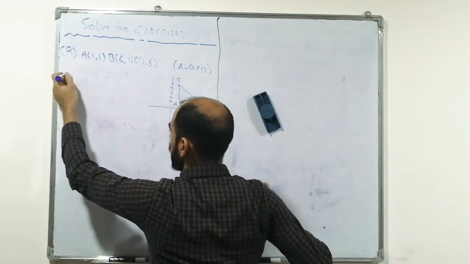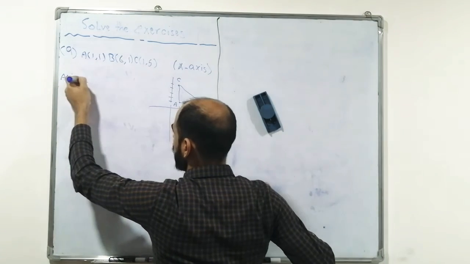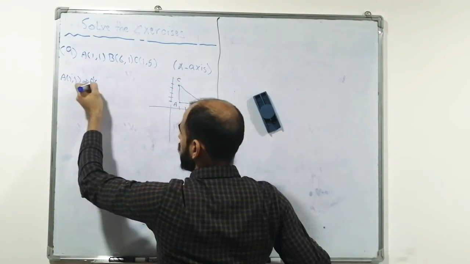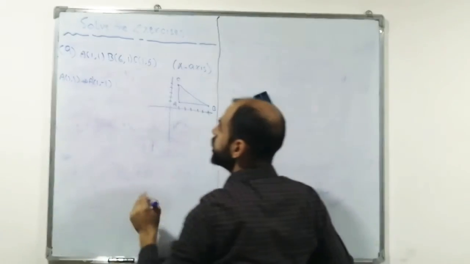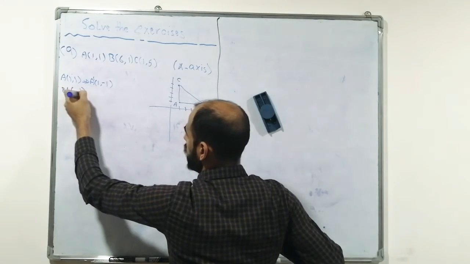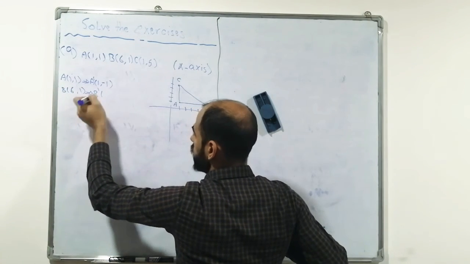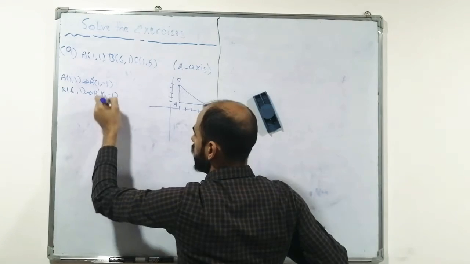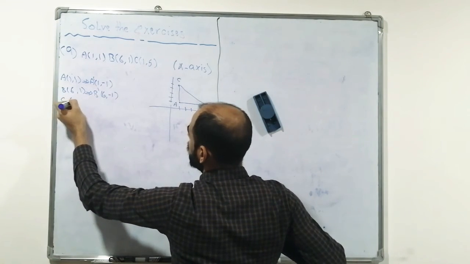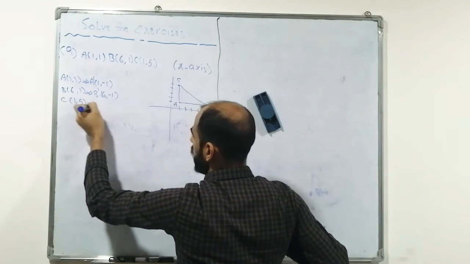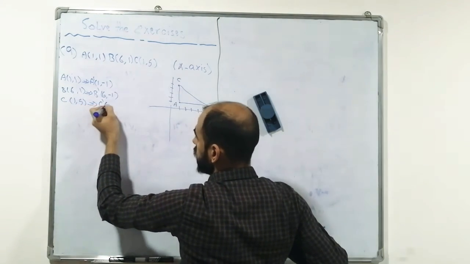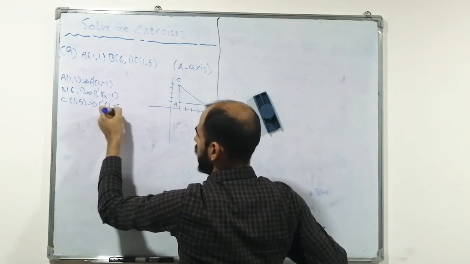Then the point A (1, 1), its reflection over x is the point A dash (1, -1). We change the sign of y. B (6, 1), the reflection B dash is (6, -1). Now the point C is (1, 5). The reflection of the point C is C dash (1, -5).